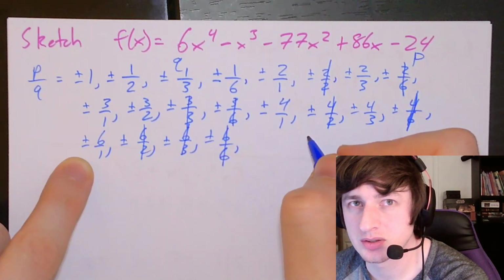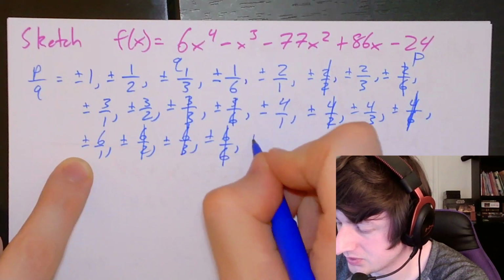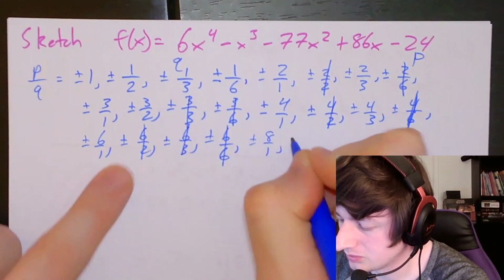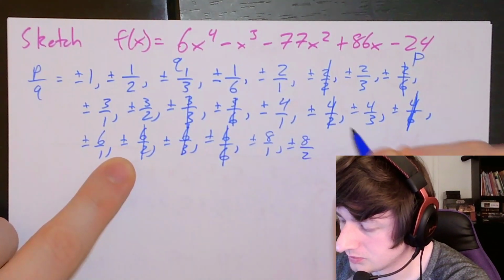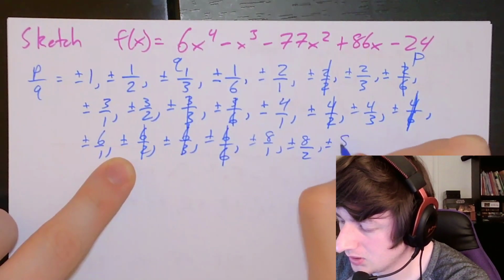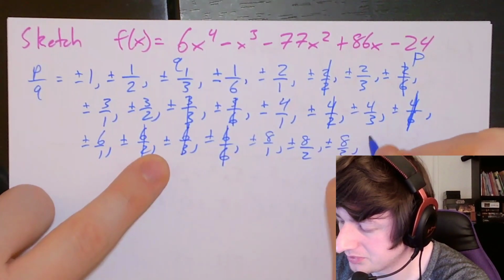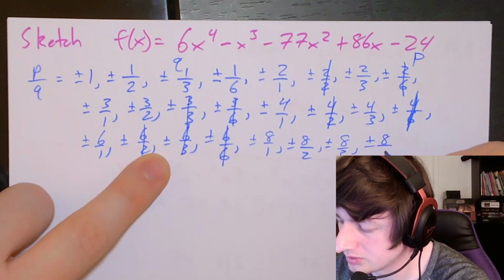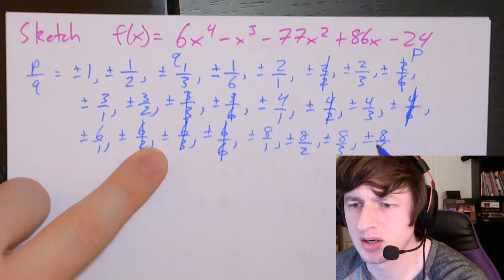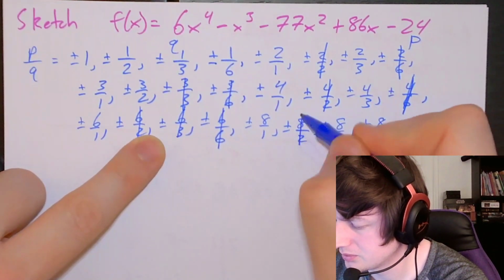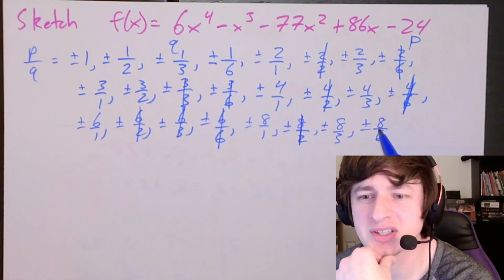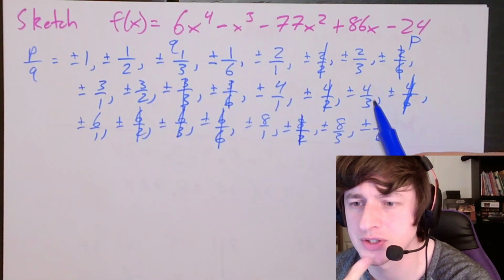The next factor is 8, plus or minus 8 over 1, plus or minus 8 over 2, 8 over 3 doesn't simplify, plus or minus 8 over 6. This 8 over 2 simplifies to be 4. 8 over 6 is going to be 4/3.